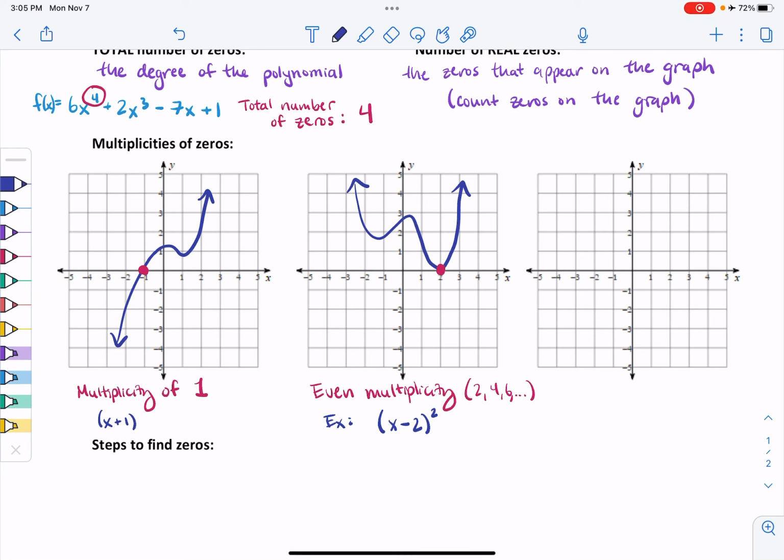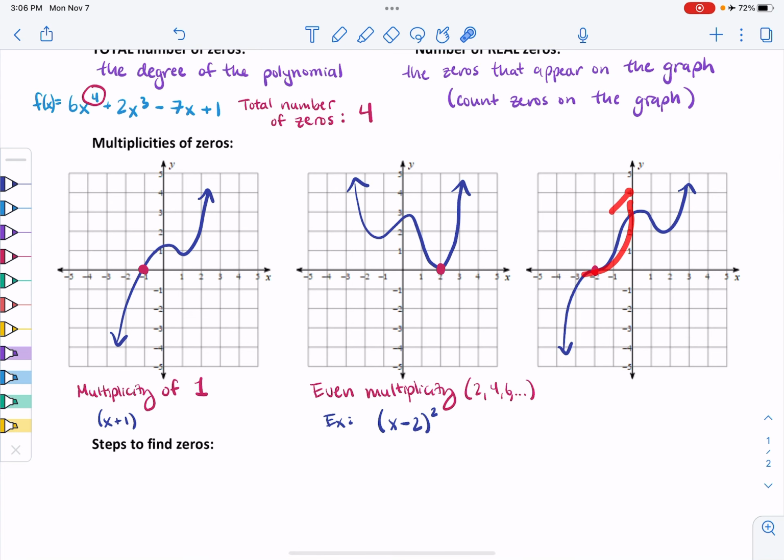Now, if we have a zero that comes up, squiggles through, and then goes up, see how it flattens the curve, goes up, and then flattens out. It almost looks like it's going to shoot off in that direction, and then it comes back up.